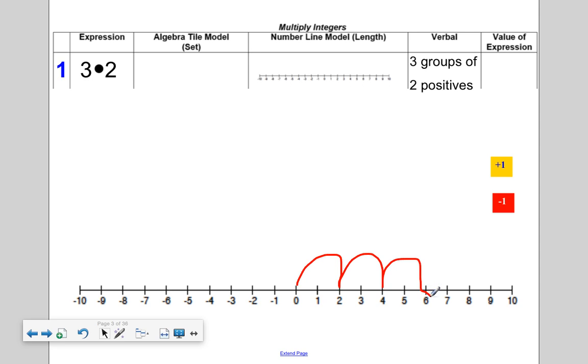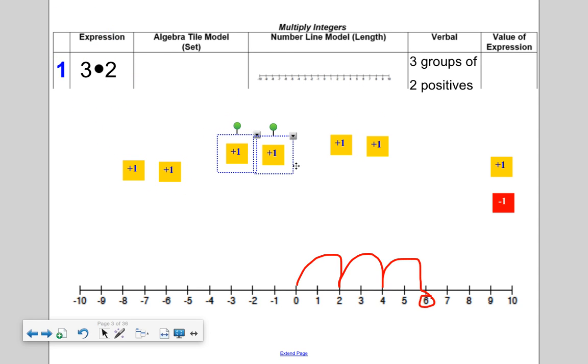That is why 3 groups of 2 is 6. However, we could represent this with tiles if you need to. Here is one group of 2, our second group of 2, and our third group of 2. 3 times 2 is 6. So when you multiply 2 positives, it will be positive. When the signs are alike, it will be positive.